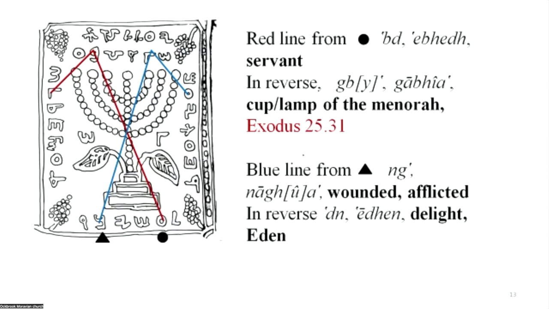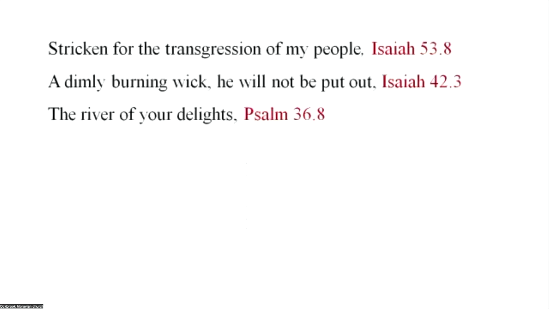And in the servant song, of course, after his suffering, the servant achieves satisfaction, and he sees the fruit of his suffering. And I can't remember the exact words that are familiar in English, but you have from the servant song, Isaiah 53, stricken for the transgression of my people.